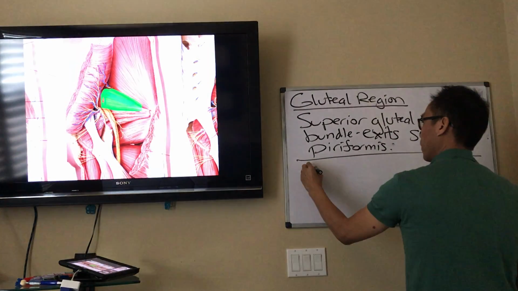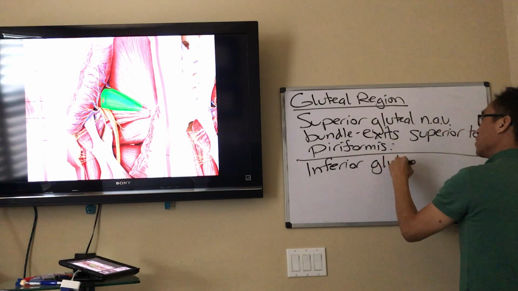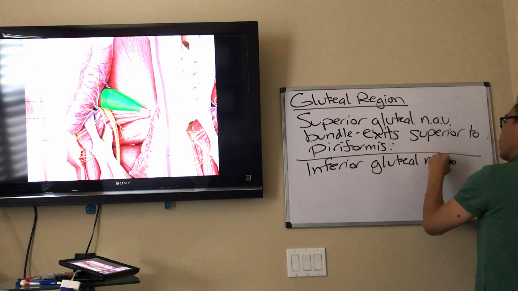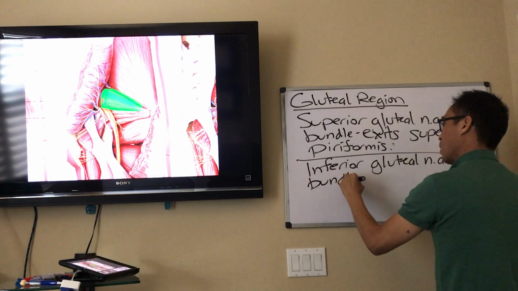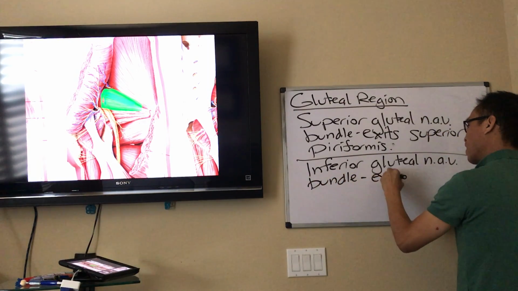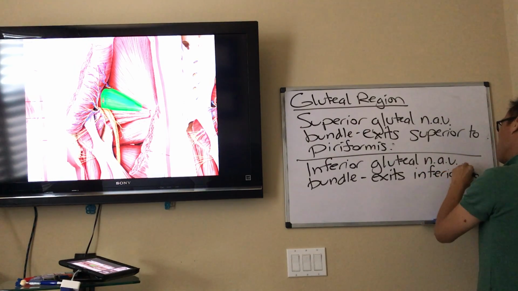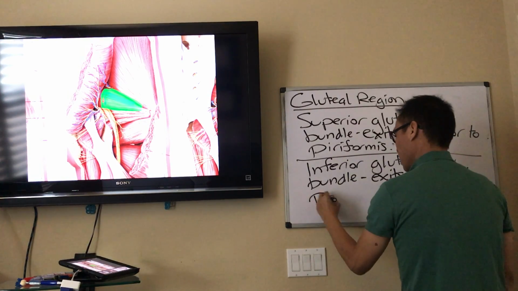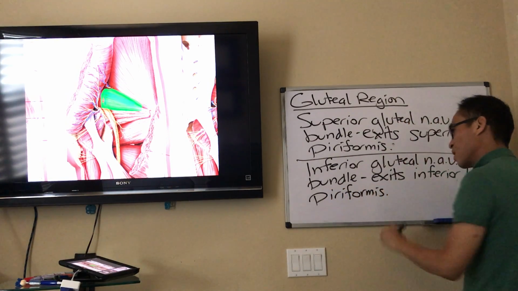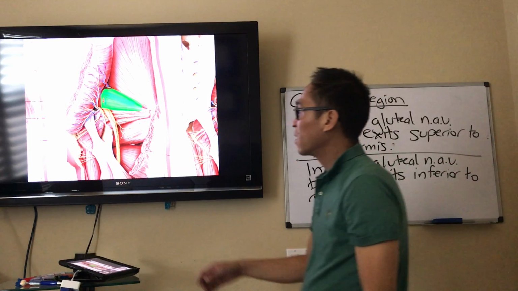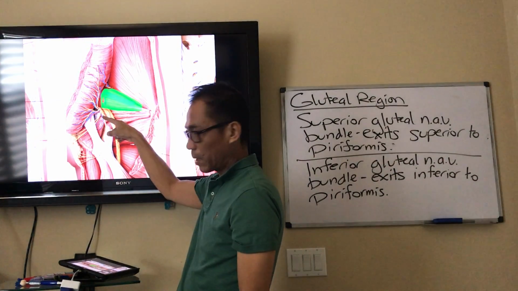Just write it all out for you. Inferior gluteal nerve artery vein bundle exits inferior to piriformis. Shown there and there. There's the superior, there's the inferior bundle.